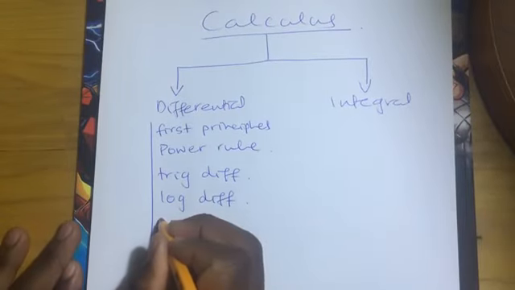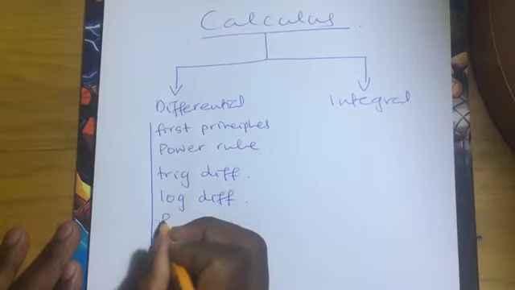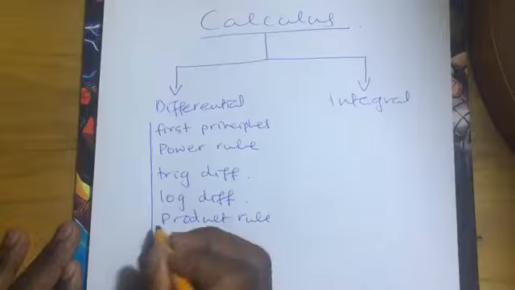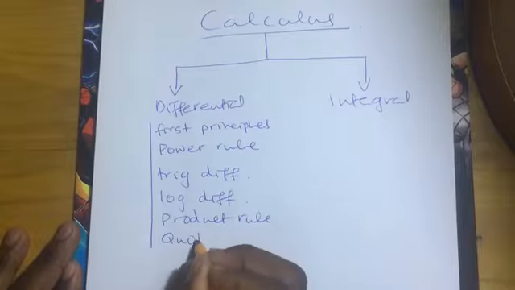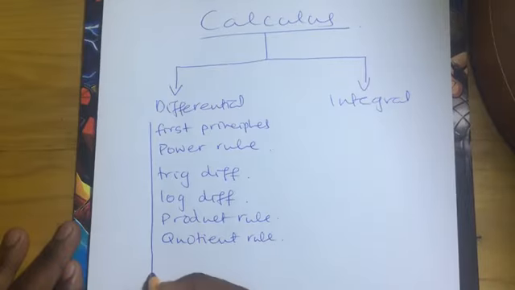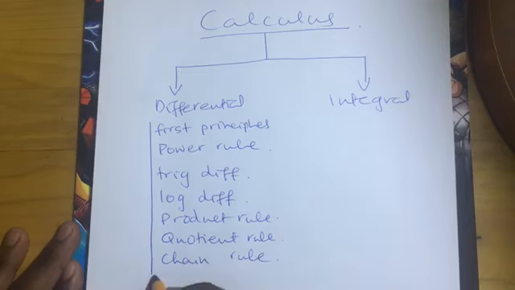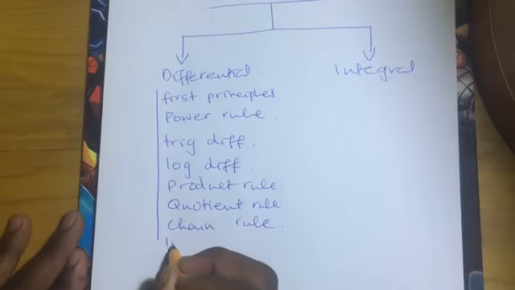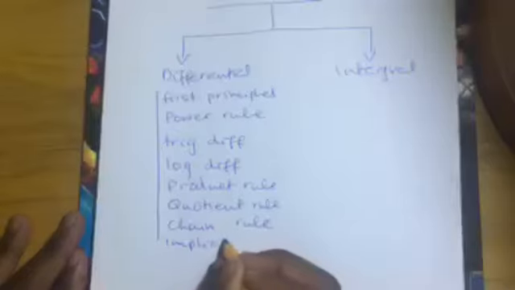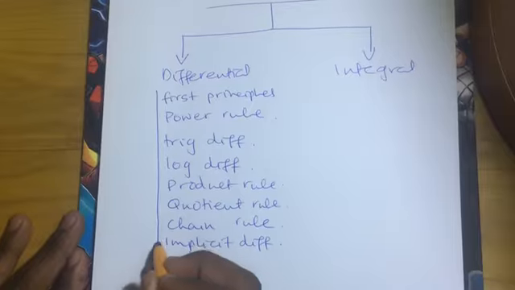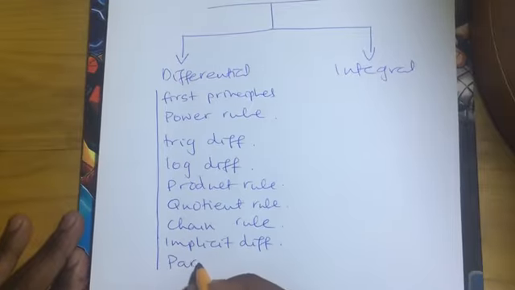There's the product rule, there's the quotient rule, there's the chain rule, there's implicit differentiation, and then there's parametric differentiation.